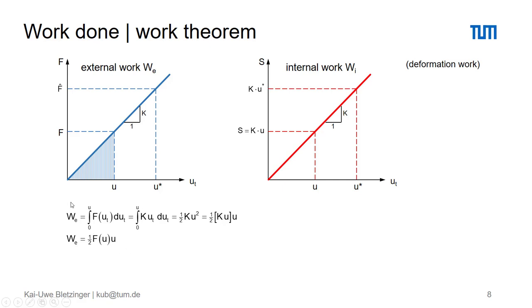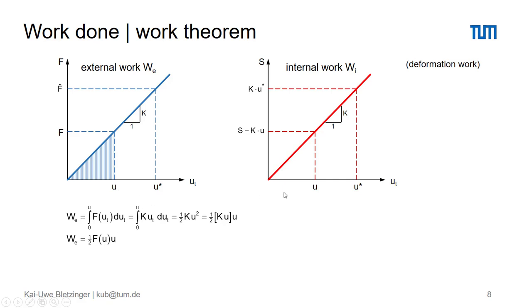And we can finally write the work done as we increase the displacement from 0 to U is simply 1/2 times the actual value of the external force as a function of U times U, the actual value of the displacement.